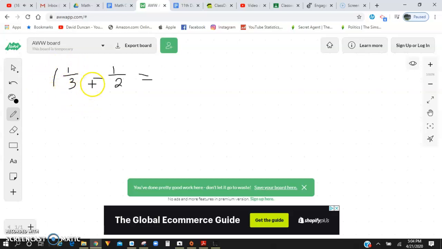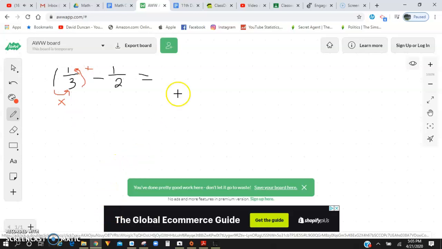And what we need to do is convert this mixed number into an improper fraction. So to do that, we need to multiply that whole number by the denominator. So 1 times 3 is going to get me 3. Then I take that product and I add it to my numerator. So 3 plus 1 is going to get me 4.